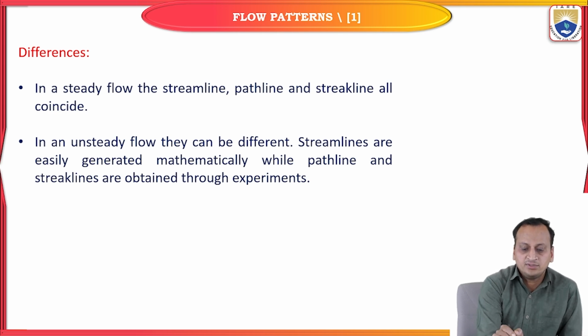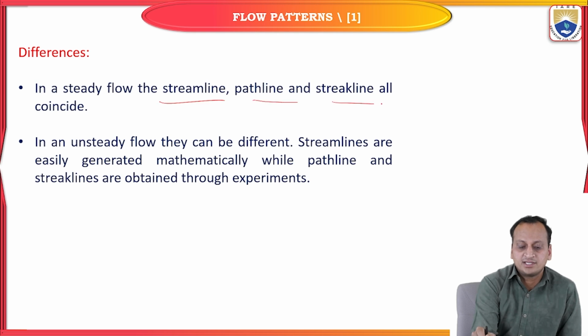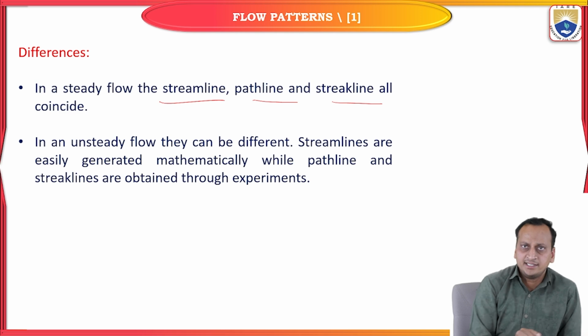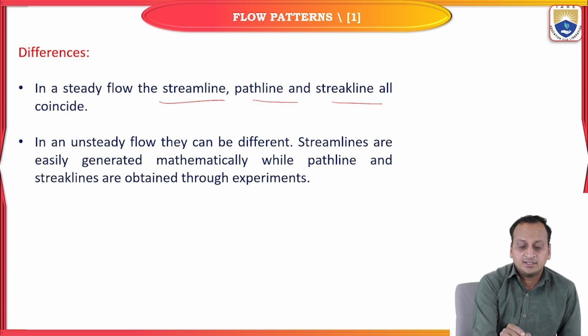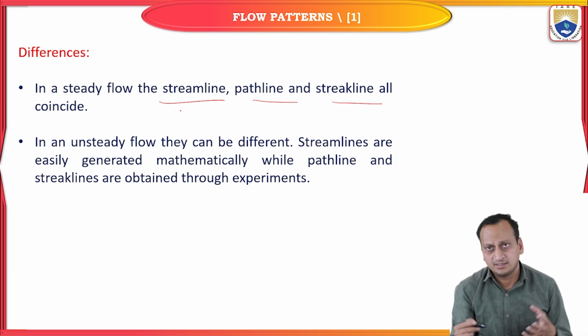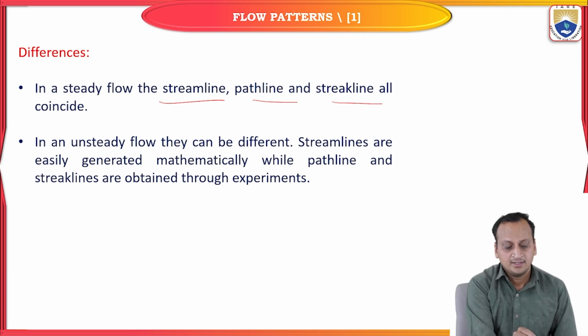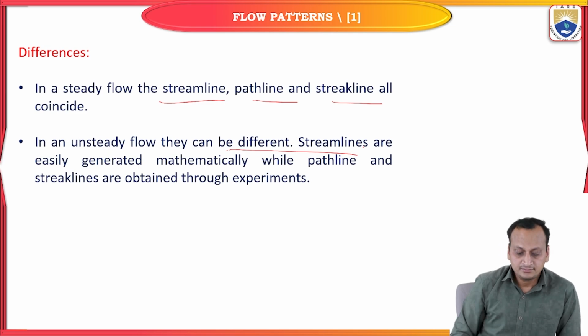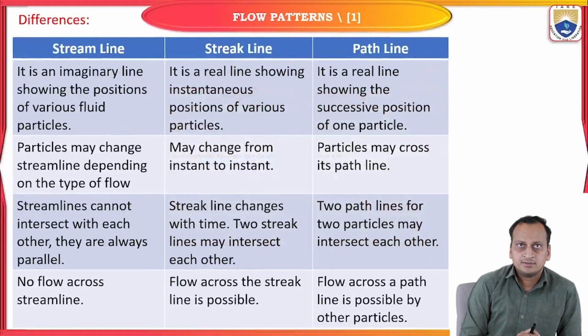In a steady flow, streamline, path line and streak line are coincident. They will be the same, identical. Here a stream tube is nothing but a group of streamlines. In an unsteady flow, these are not identical.